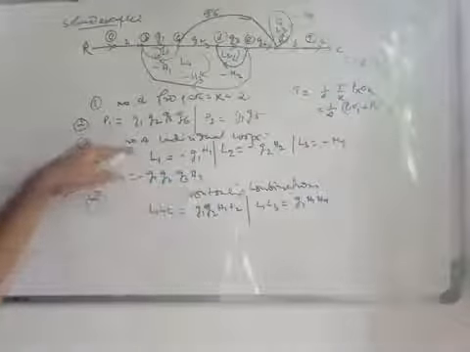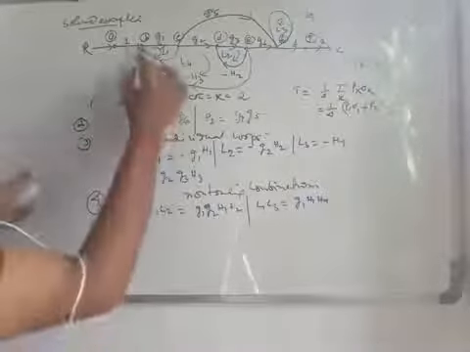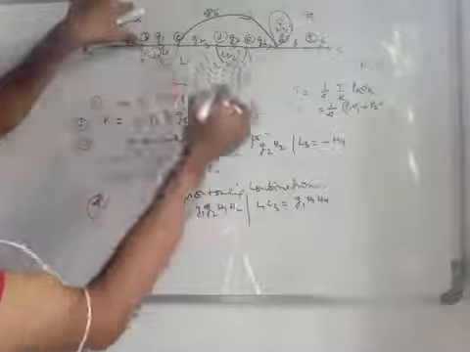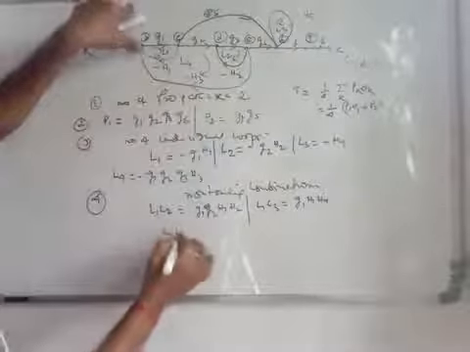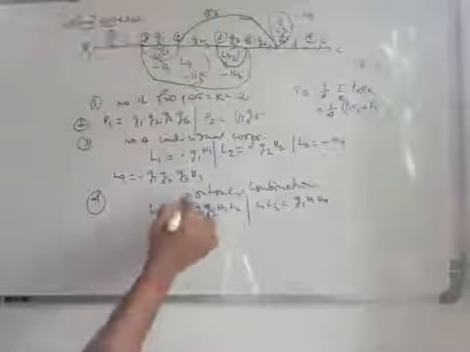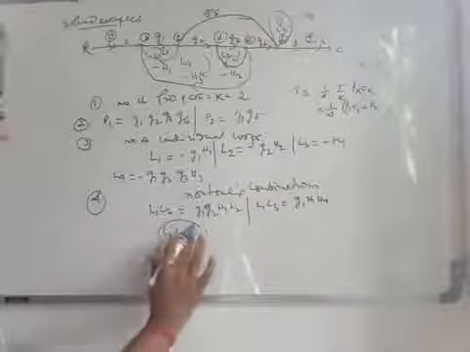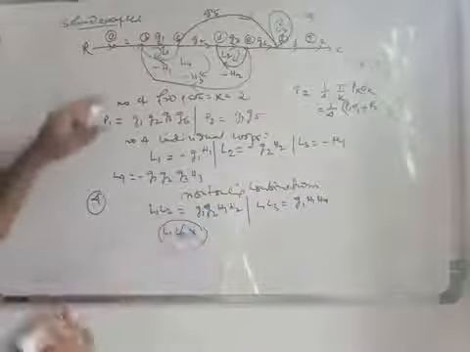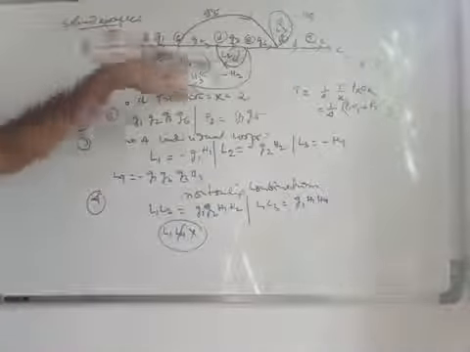And next, L1 and L4. See, L1 is this, L4 is this. So they are sharing a common node. So L1, L4 is not a non-touching loop combination. So this is not valid. Okay. Next, you see L2, L4.